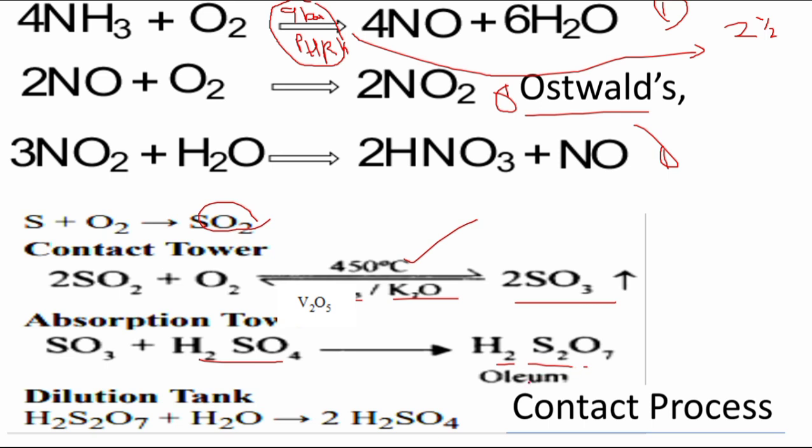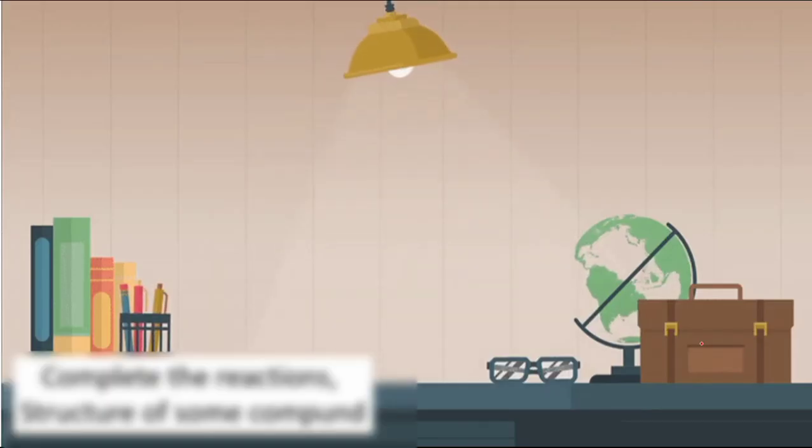This is only oleum, H2S2O7. The dilution tank is not important. This step carries 1 mark, this carries 1 more mark, and the last step carries 1 mark. The dilution tank, some people will mention it, but you can omit it.